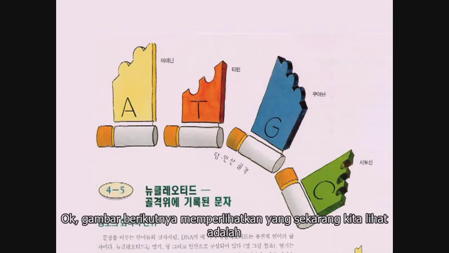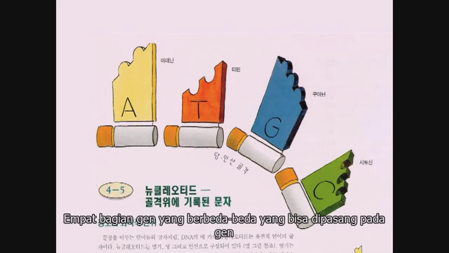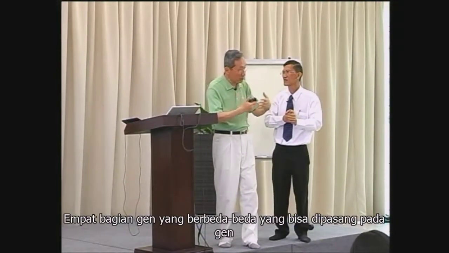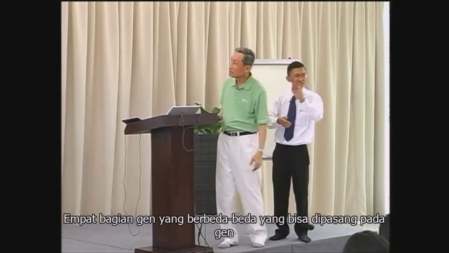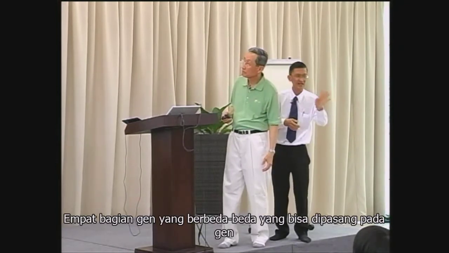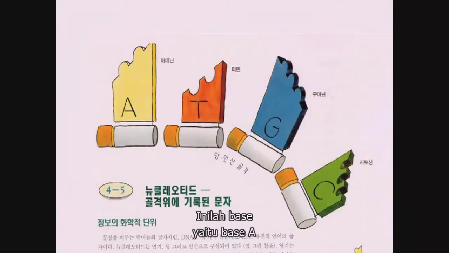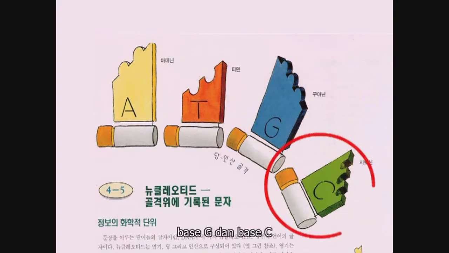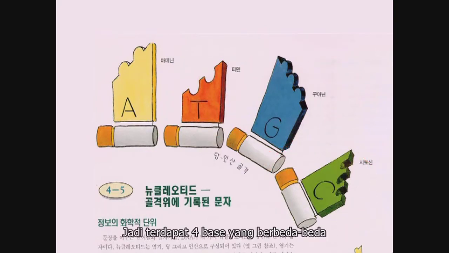Okay, next picture shows 4 different parts of a gene which can be assembled into the gene. These are the bases: A, T, G, C. So we have 4 different bases.